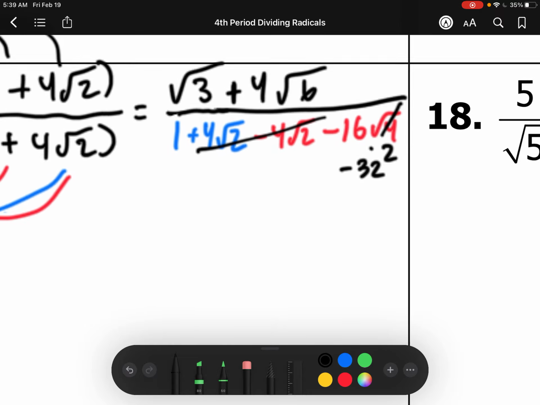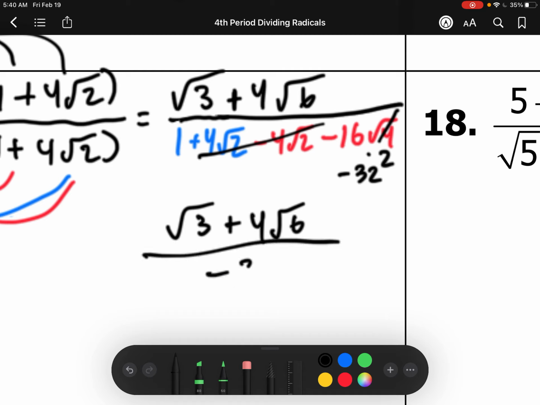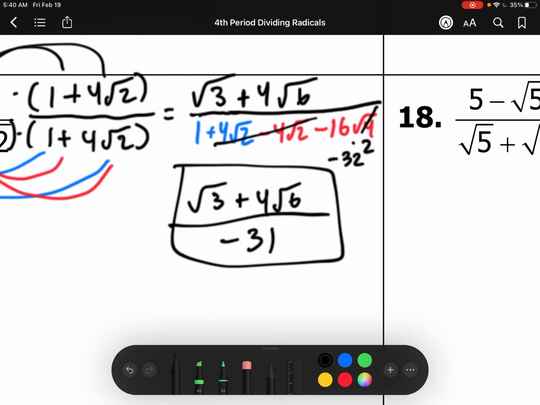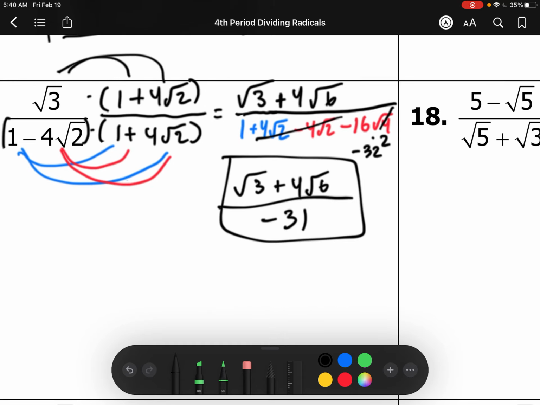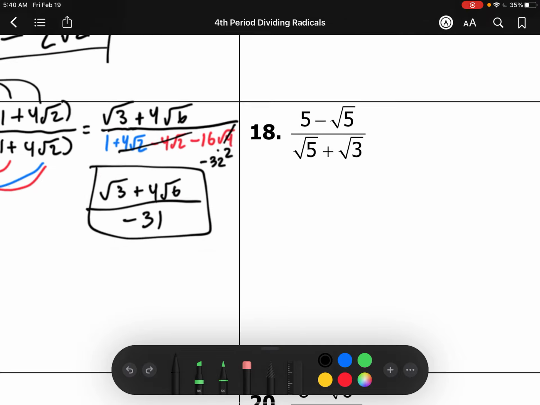So we have square root of 3 plus 4 times the square root of 6. And then 1 minus 32 is going to be negative 31, right? So this is our final answer because we can't simplify anything else. All right? So don't make this mistake that I made in the beginning by not multiplying by the conjugate. It can happen easily. So make sure that you don't do that.